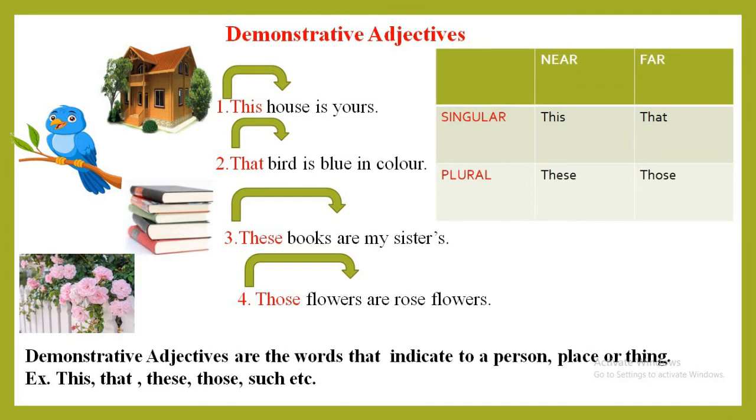So, you can say demonstrative adjectives are the words that indicate a person, place or thing. Example, this, that, these, those, such, etc.